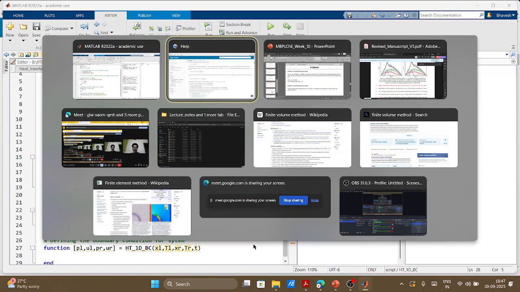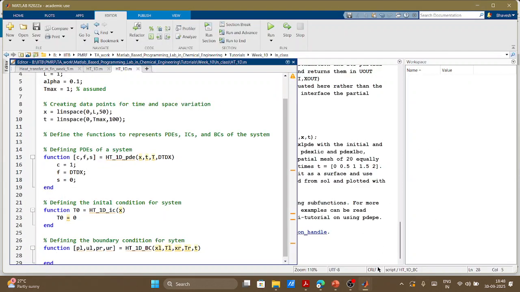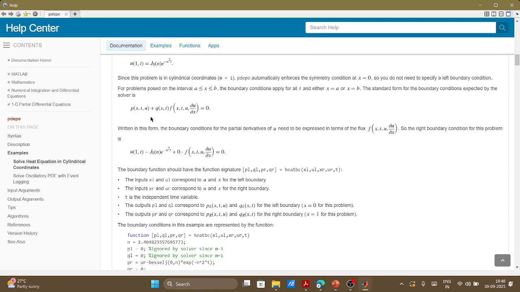Now what is my pL, qL? One boundary condition says that on the left hand side at x equal to 0 your temperature value is 1, u is equal to 1. If I fit u equal to 1 into this expression, my p value will be 0... sorry, my q value will be 0 since I don't have any function of x, t, u.